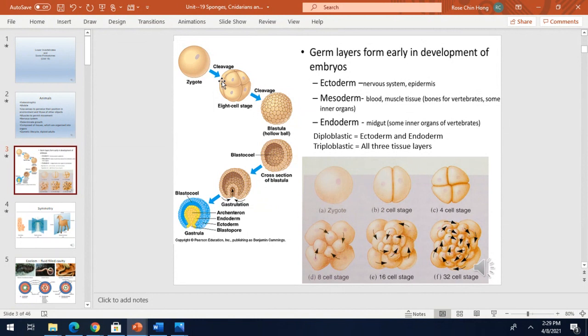It will go through early cleavage, and going through the cleavage stage, it will go into blastula, which is a hollow ball of cells, and then gastrulation, and then we'll see the different parts of this kind of early development. So in the diploblastic organism, they will only have ectoderm and endoderm. All right, so this is diploblastic: ectoderm and endoderm.